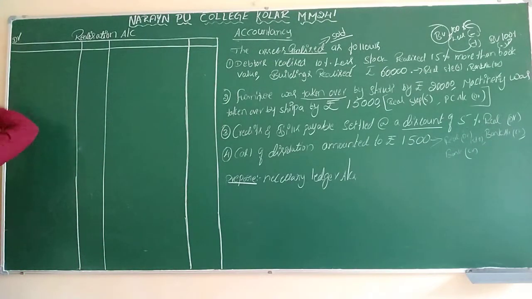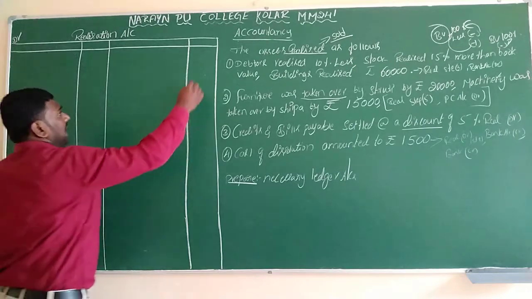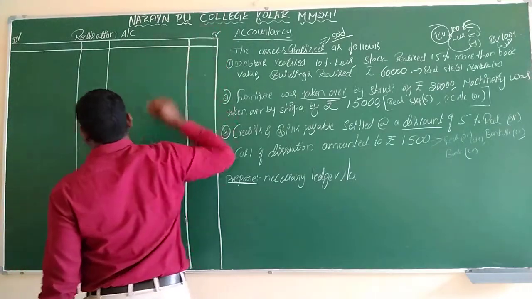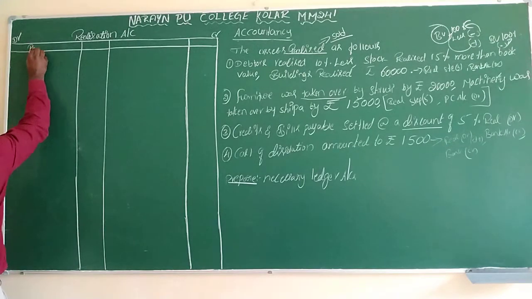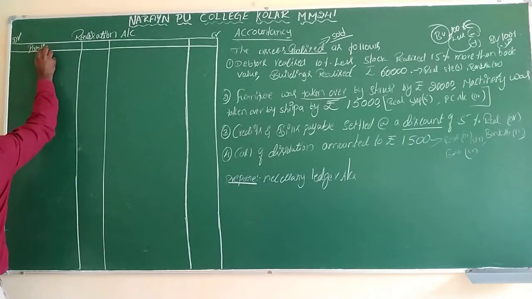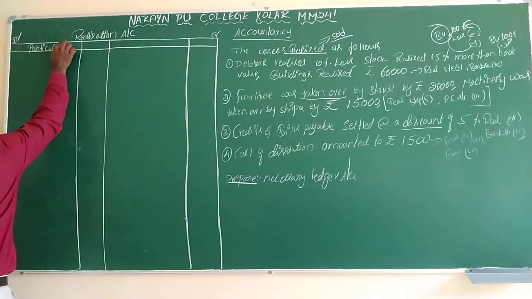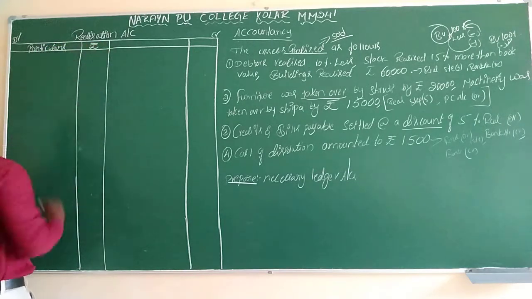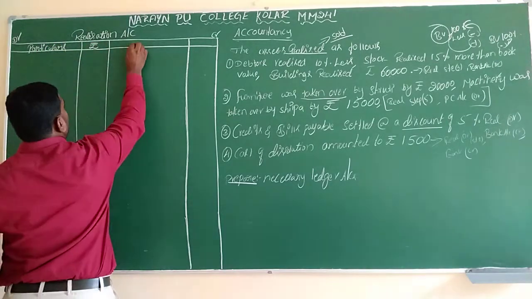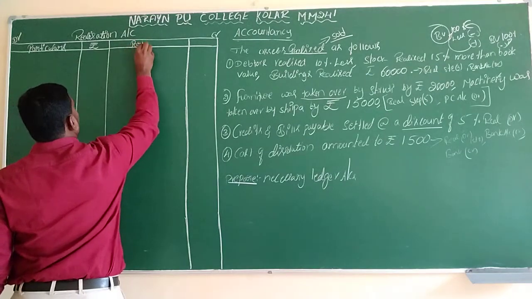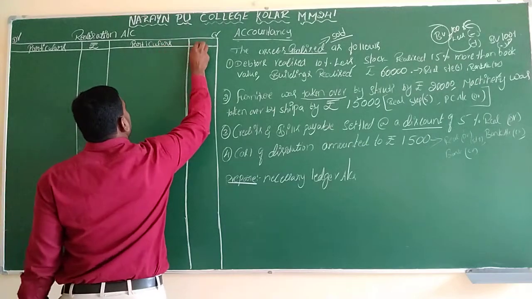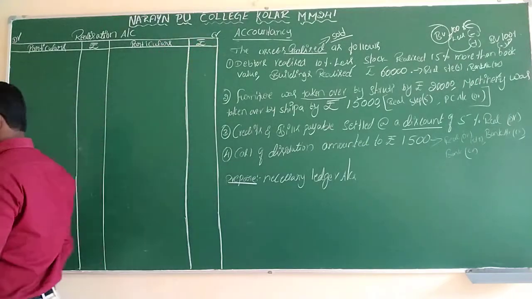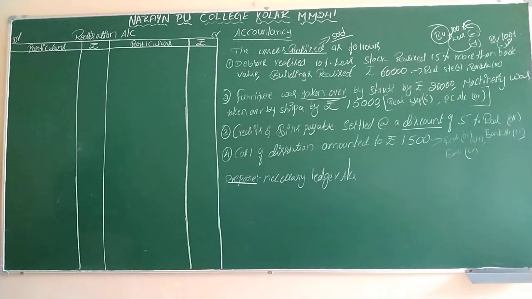We should draw the columns for the realization account and fulfill all the conditions as we do on the blackboard. First, on the debit side: particulars, amount. Again on the credit side, we write the same: particulars, amount. So this is the format of the realization account.